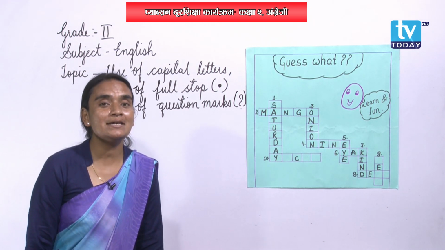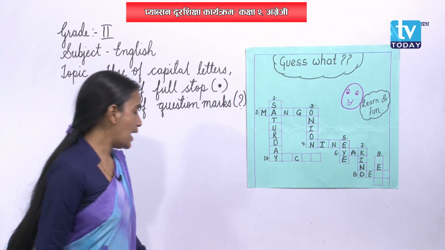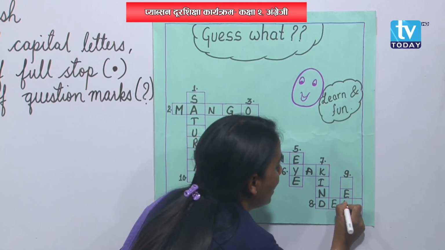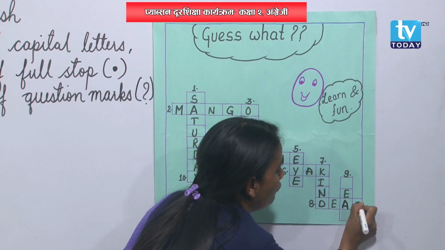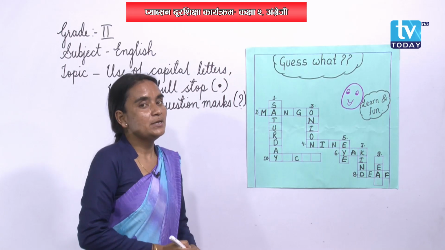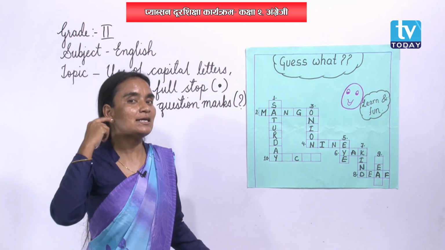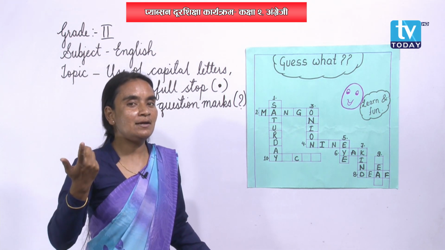The starting letter is D and the complete word for it is D-E-A-F, deaf. Deaf is the person who cannot listen, who cannot hear.